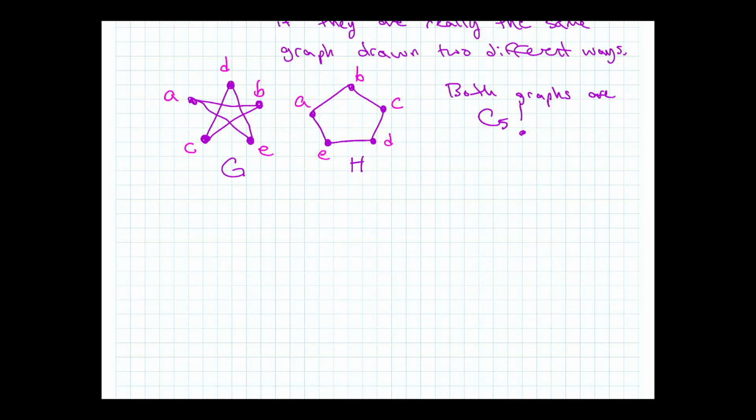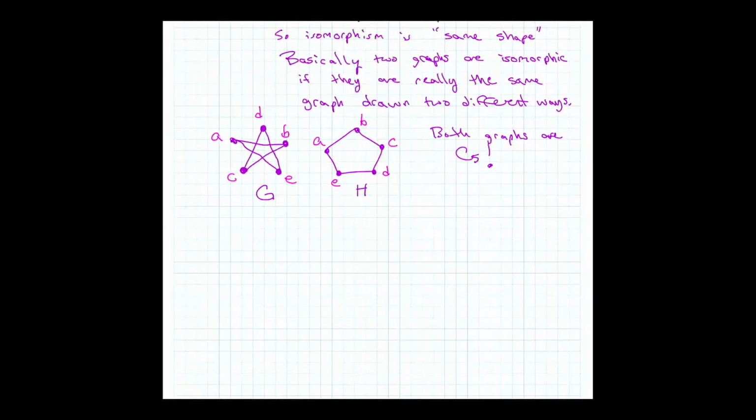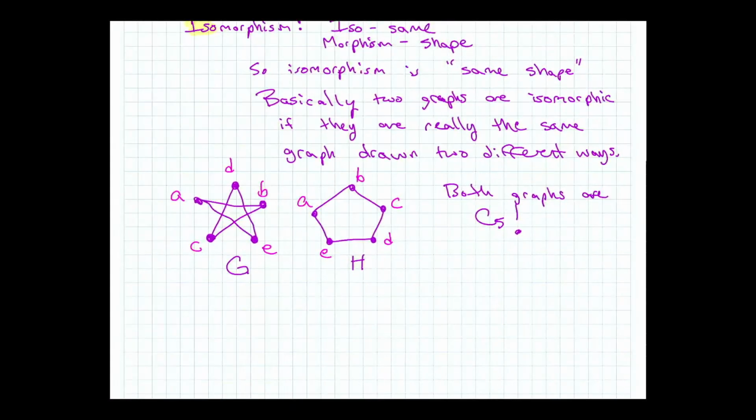They're drawn with different pictures, but they're actually the same graph, because C5 had a definition. It was v1 to v2 to v3 to v4 to v5, and then when you get to the end, v5 back to v1. And same thing here: v1, v2, v3, v4, v5, and then back to v1. So it's just a different picture for the same graph. And that's all we mean when we're talking about an isomorphism.